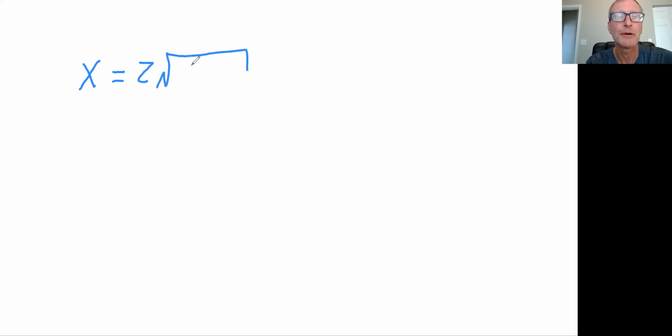So again, one that you would be responsible for would be one that looks like this. x equals 2 square root of 3x minus 9. Again, the strategy is you want the radical, or the square root, on one side of the equation, and the x on the other.